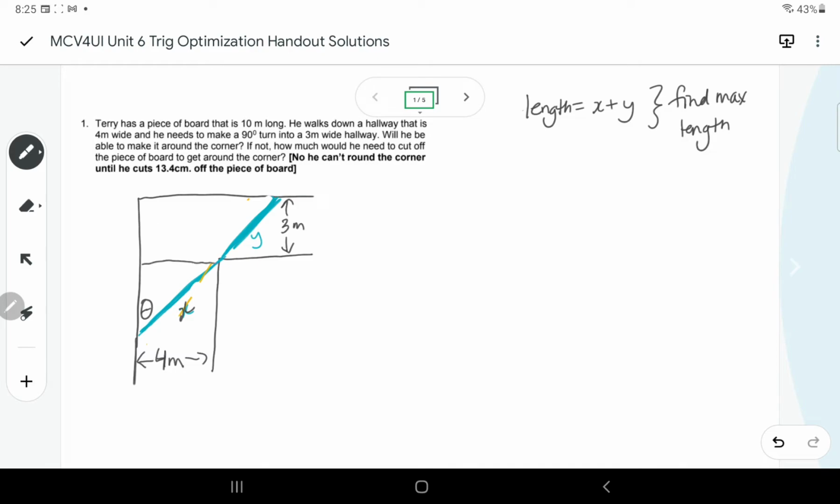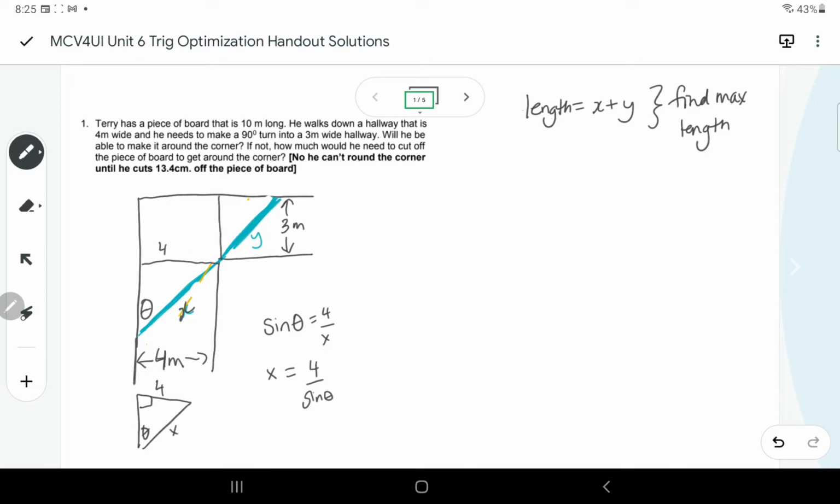So I know that I can make a triangle here, and that this would be 4, and from this triangle, that's going to be 90, that's theta, that's 4, and that's x. So sine theta is going to be 4 over x, and x is equal to 4 over sine theta. Similarly, I would have another triangle.